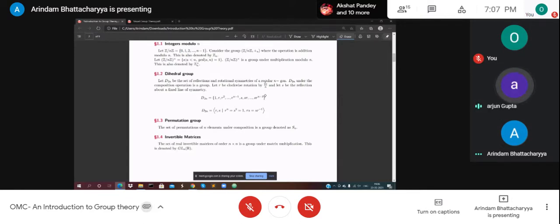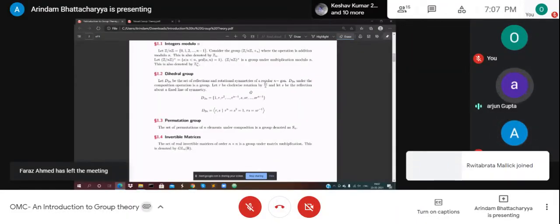So D_2n is the set of reflections and rotational symmetries of a regular n-gon. Is that clear? Can you explain again the reflections and rotational symmetries?